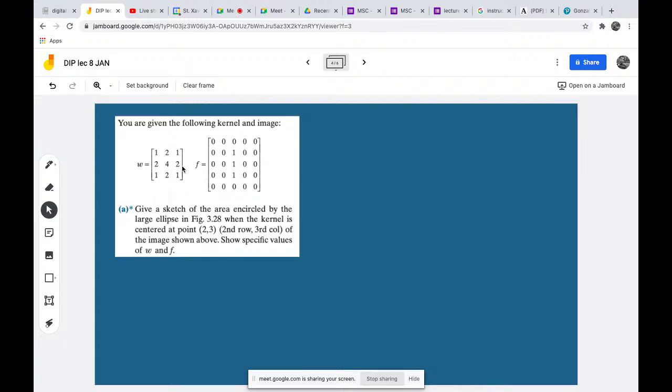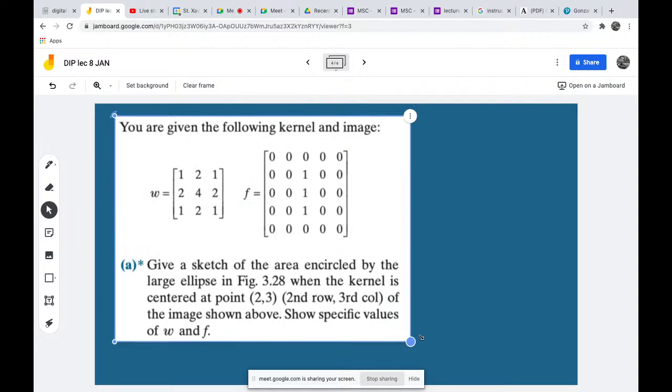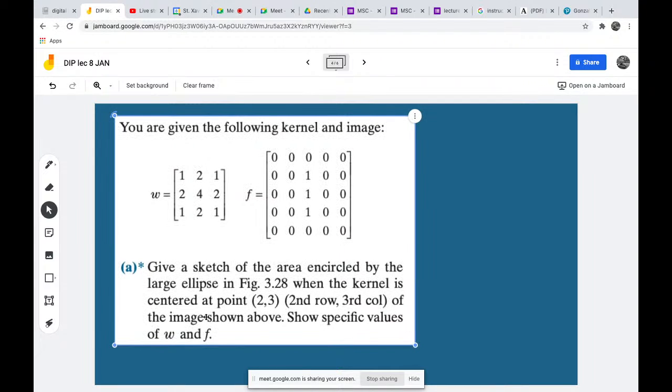So normally, let me do it here only. It says that the kernel is centered at point 2, 3, which is second row, third column. So this is the 0th row, this is the first row and this is the second row.